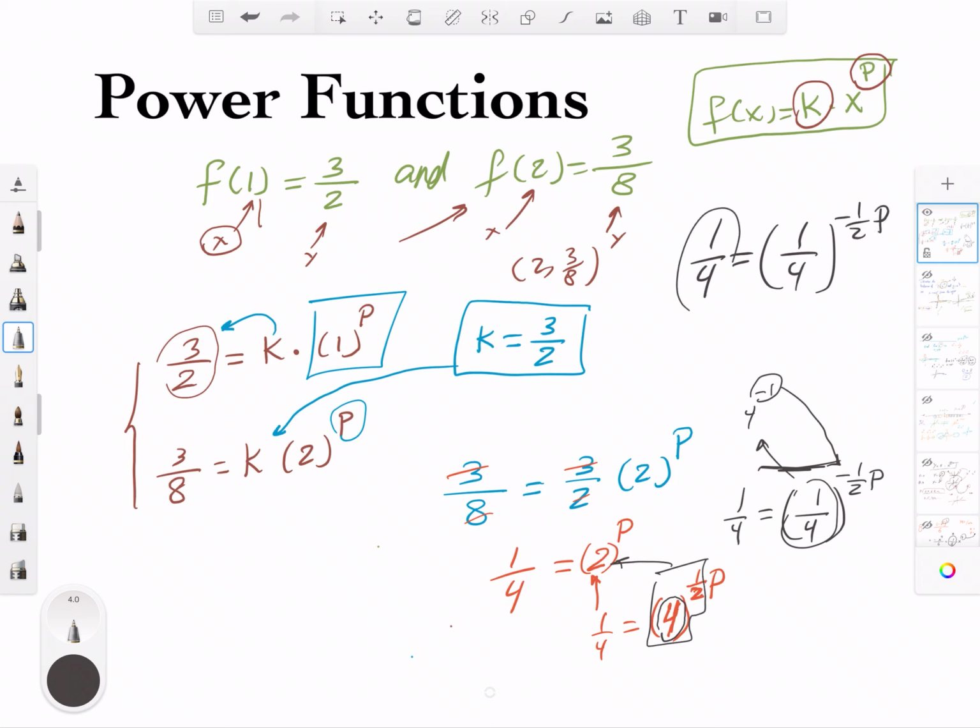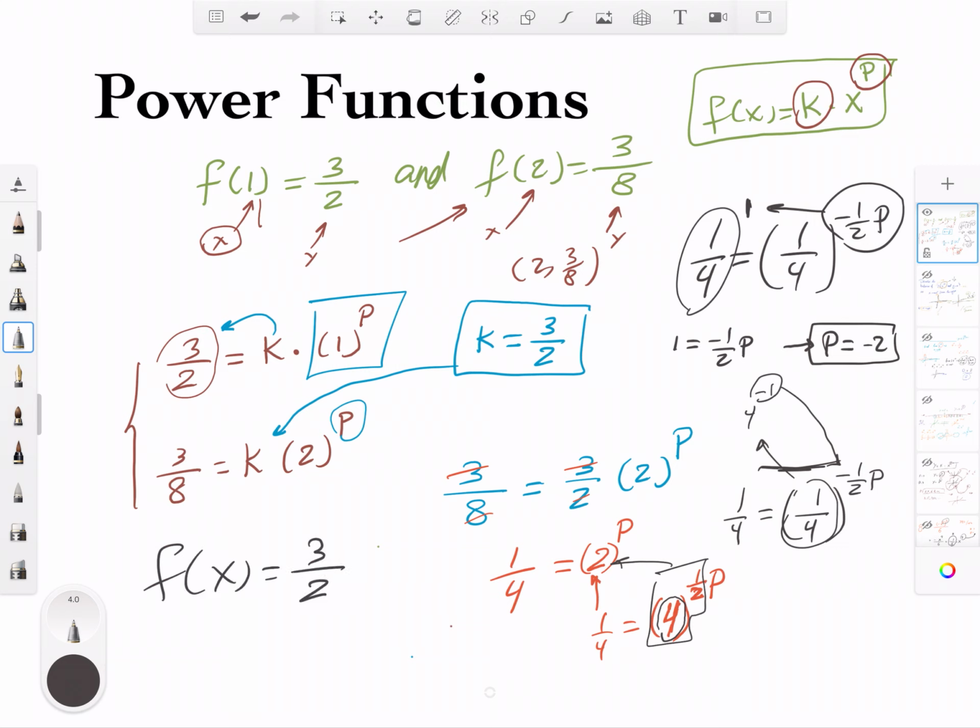So the bases are the same, then negative 1/2 p should be equal to 1. So p should be negative 2. So we solved it. The final equation, f of x equal to 3/2 x to the power negative 2.